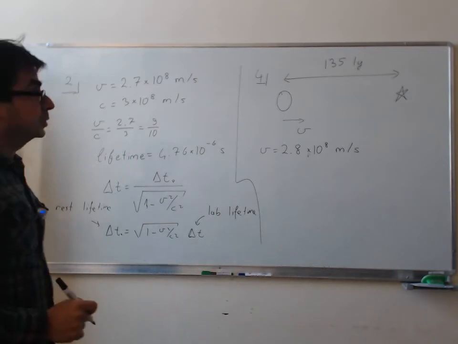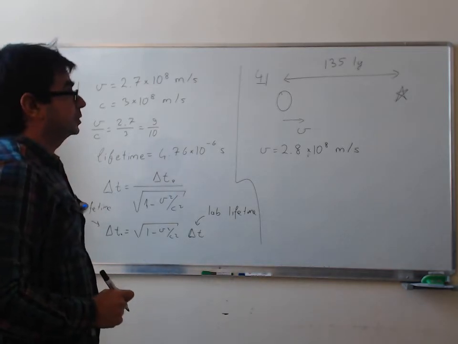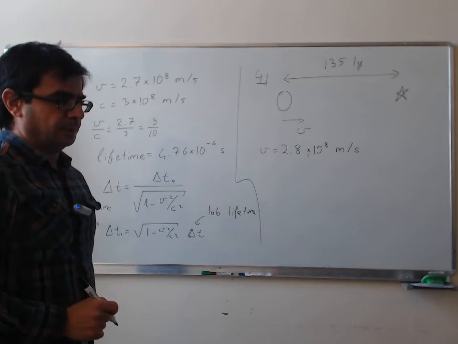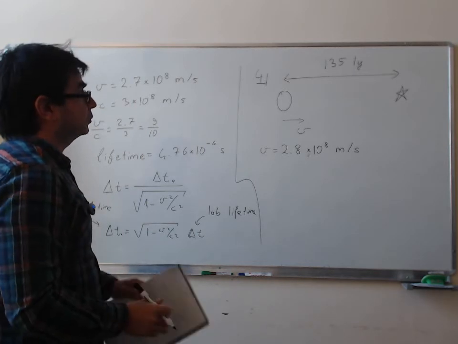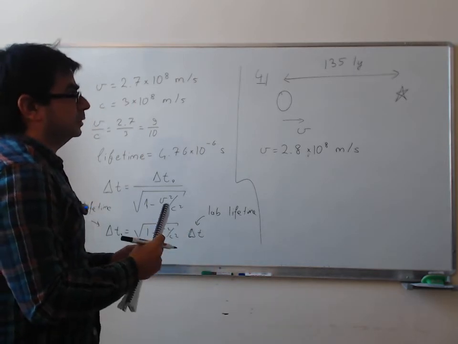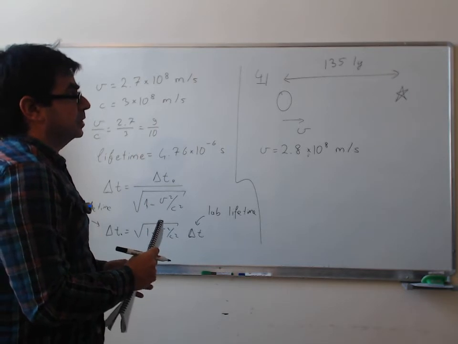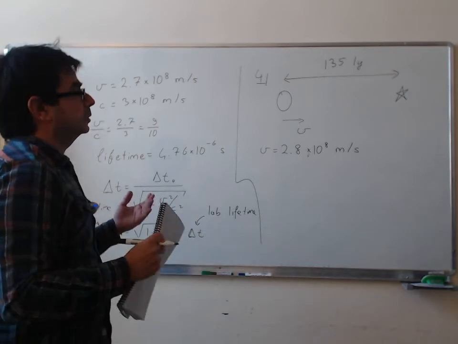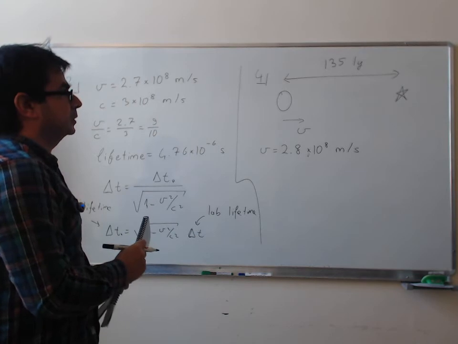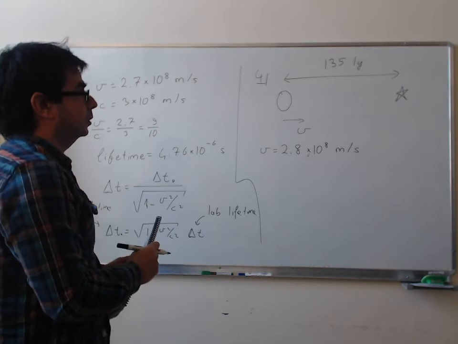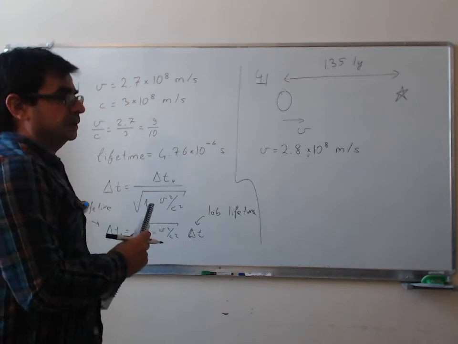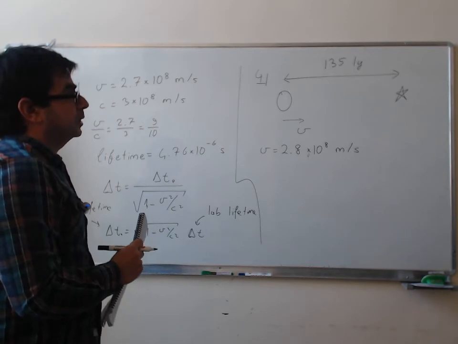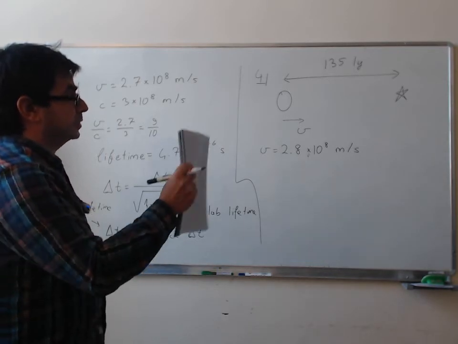Okay, so there are a number of assumptions that we need to make here to be able to solve this problem. First of all, this 135 light years is measured in some reference frame. It's reasonable to assume that this is the reference frame of Earth, but for this to make sense, you need to be able to make a simultaneous measurement of the position of the star and Earth.